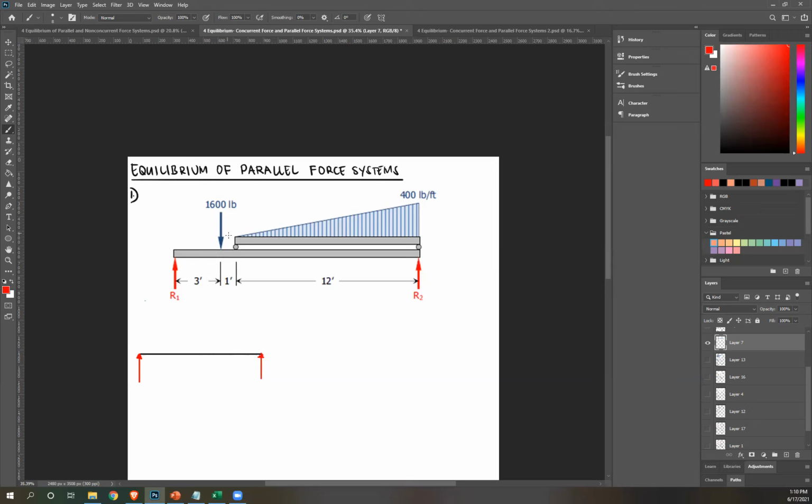Then let's call this point A, this is point B. So this is RA, this is RB, and then we have a horizontal, triangular load. Okay, and so that's the free body diagram for the first set.